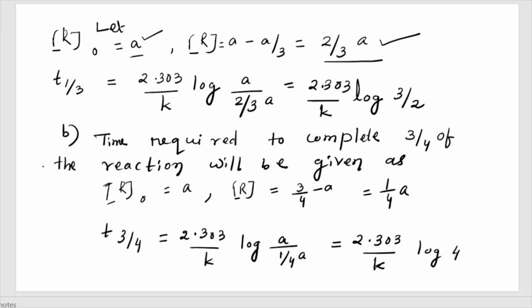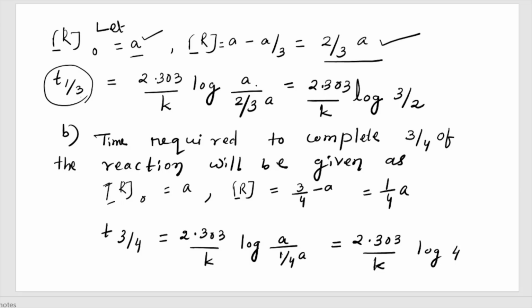t 1 by 3. See, the question is 1/3 of time. Just as you know 1 by 2 is half, here it is 1 by 3, 1/3. Then what is the formula? k equals 2.303 divided by k log initial concentration divided by final concentration.